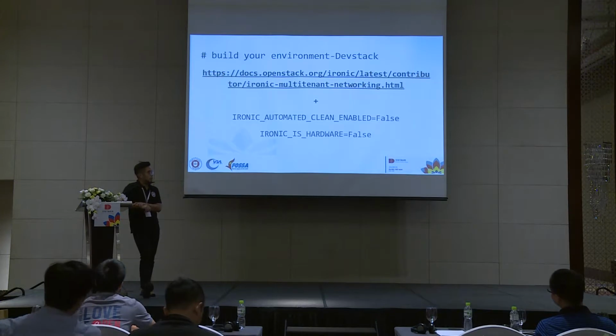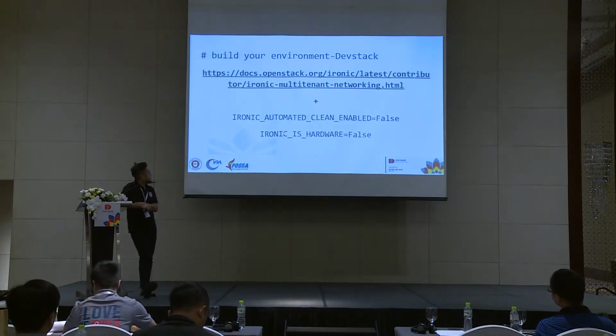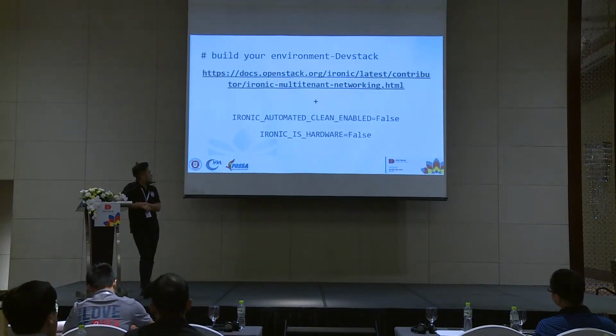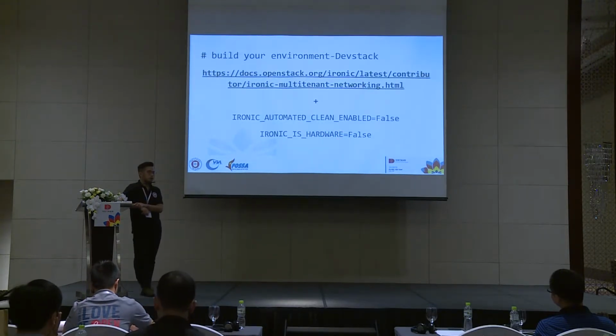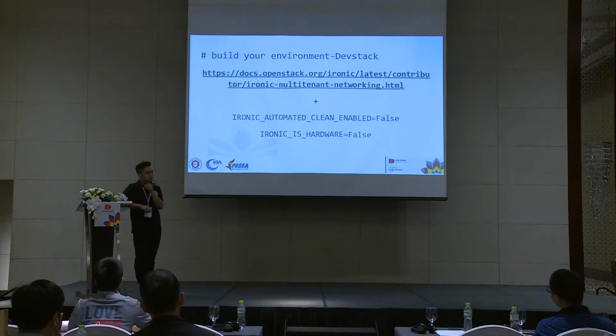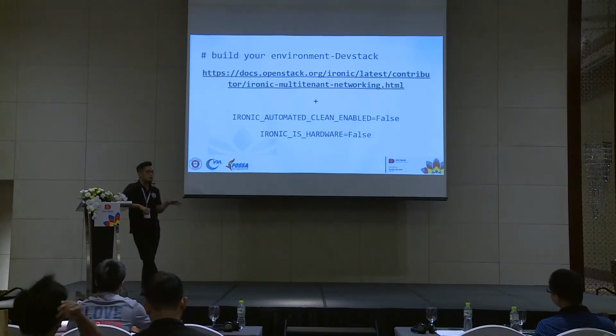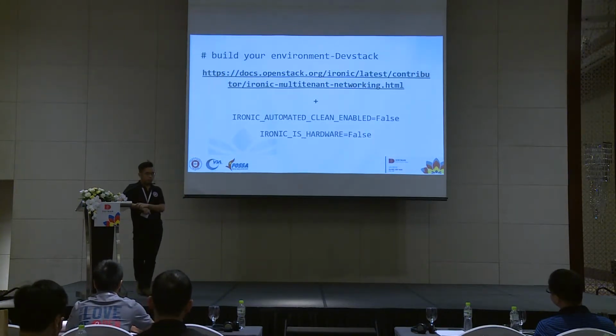You just tell OpenStack that you're not using hardware, you're using virtualized resources for testing. Then OpenStack will create some virtual machines for you in Nova and bridge them to the network, and you'll feel like you're using a Baremetal node, but actually you're using virtual machines. It's very convenient when you're talking about testing.